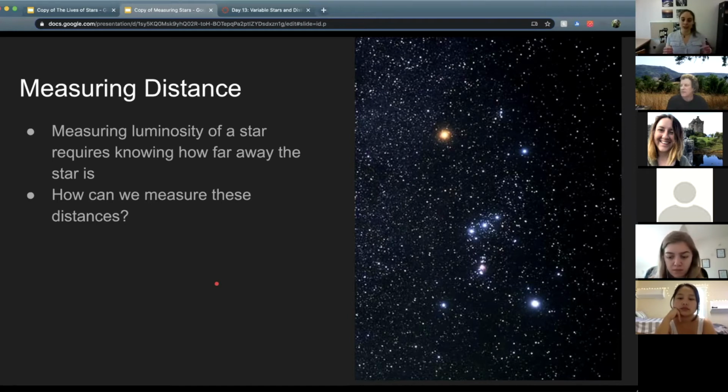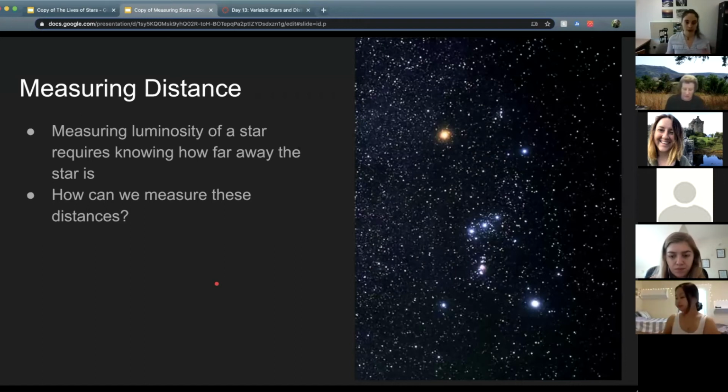Stars that look bright in the sky might be actually really bright stars, or they could be just really close stars. So we need a way of figuring out the actual distances to stars so we can separate stars that look bright because they are close from stars that look bright because they are bright. Figuring that out is really important if we want to measure the different properties of stars.